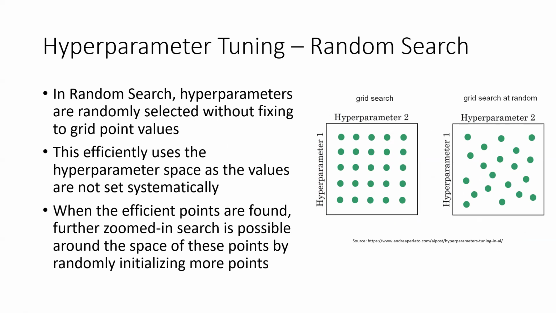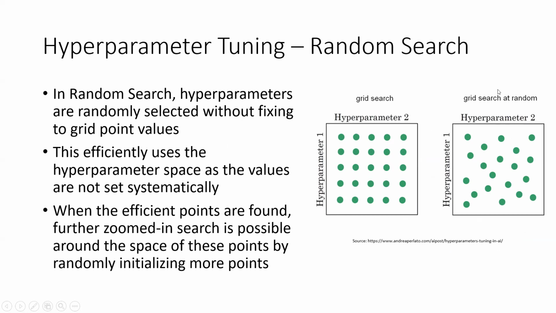In this technique, we don't have a grid like we do in grid search, where each of the point values is systematically selected. For example, hyperparameter 2 values are systematically selected with equal distances, hyperparameter 1 values are selected with equal distance and so on.